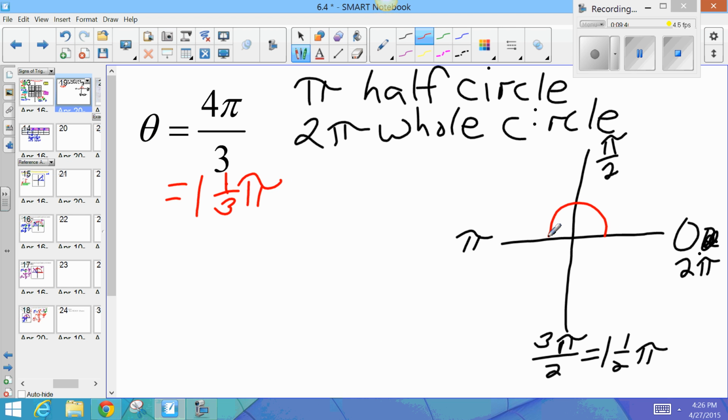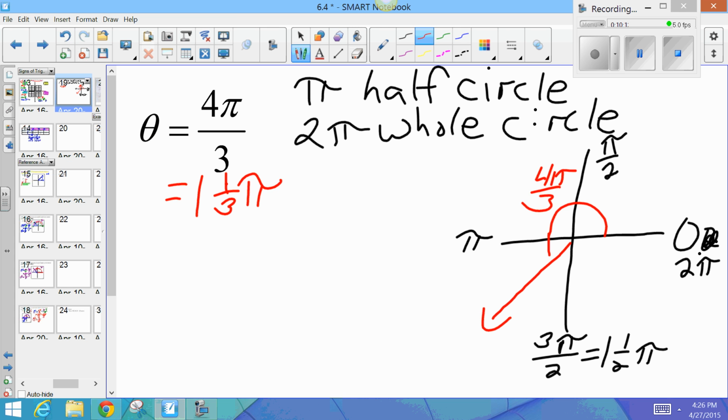It's rotating pi plus 1/3 of a pi more. Well, 1/3 of a pi more is less than half a pi more. If it was greater than half a pi more, it would go into quadrant 4. But since it's only a third of a pi, 1/3 is less than 1/2, it's going to end up in quadrant 3. So there's the 4 pi over 3.